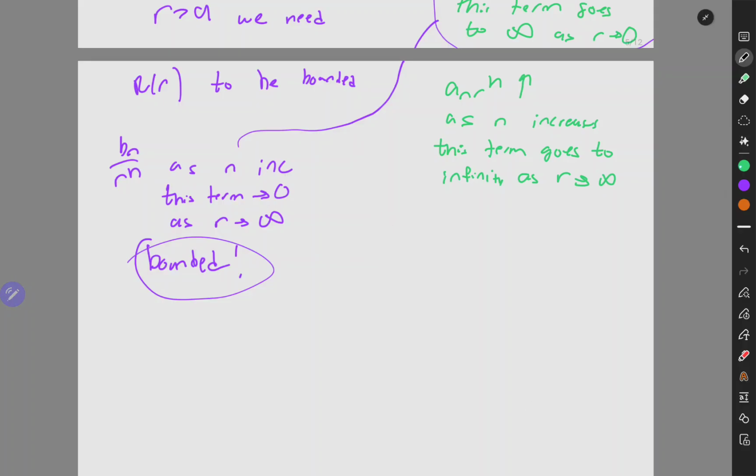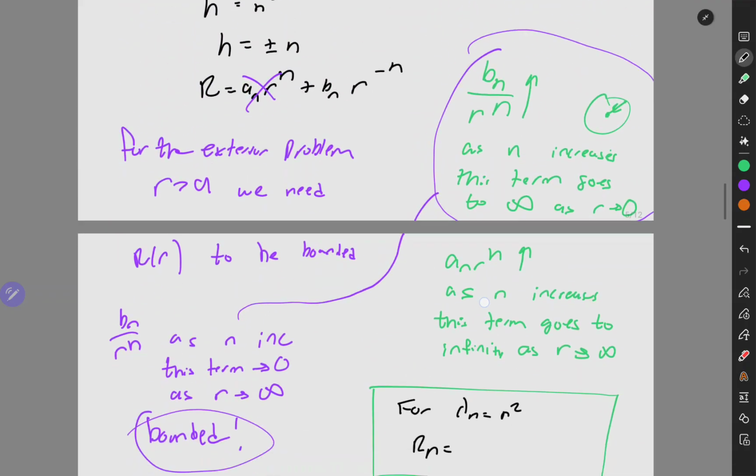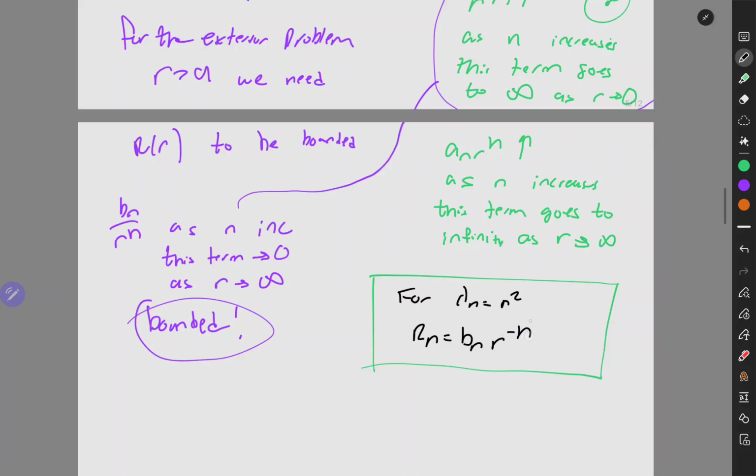So create a little box. R of r is b sub n, r to the negative n.